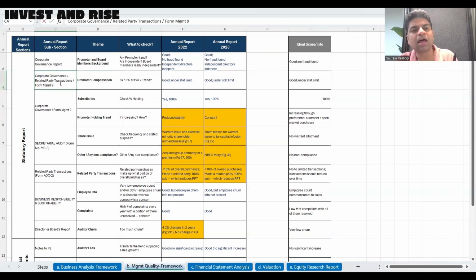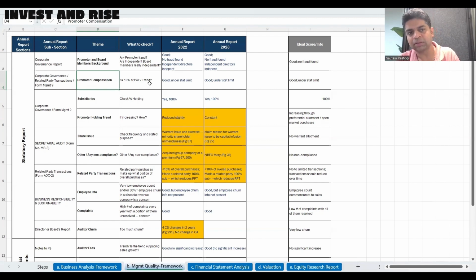Until recently, there was also Form MGT-9, but if I'm not wrong, it is being phased out, so companies are no longer required to have it. Form MGT-9 usually had promoter holding, promoter compensation, and subsidiary holding. अब उसका जो information होता था, that is present across other sections. So any which way, you've got to check promoter compensation.